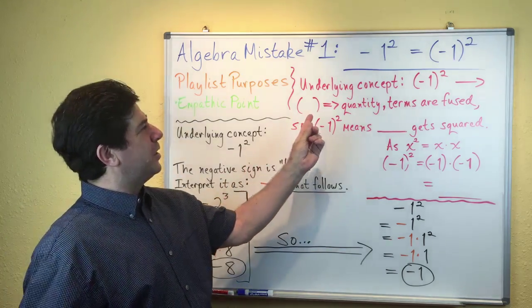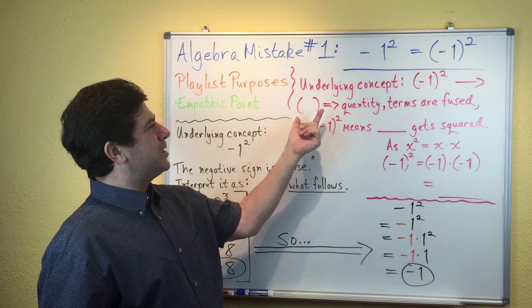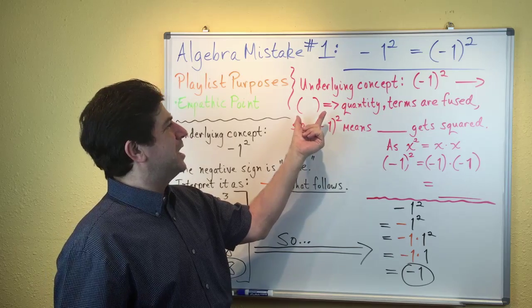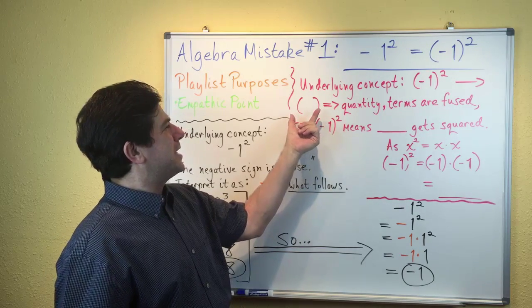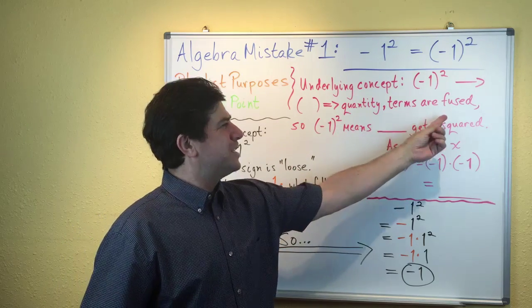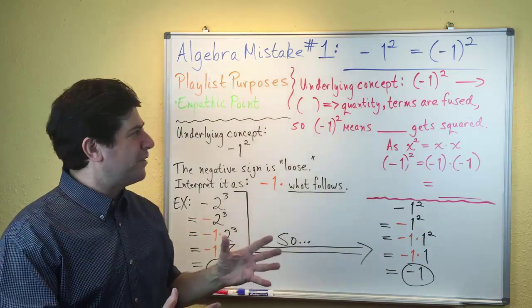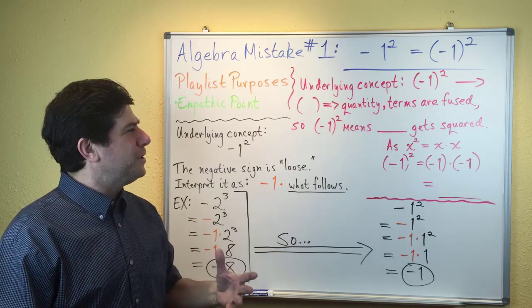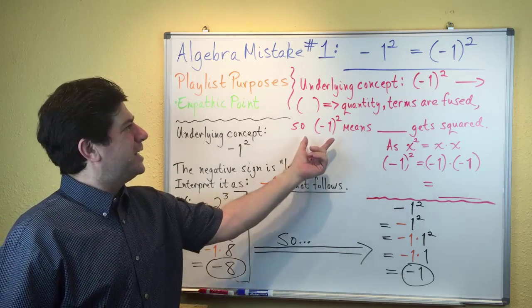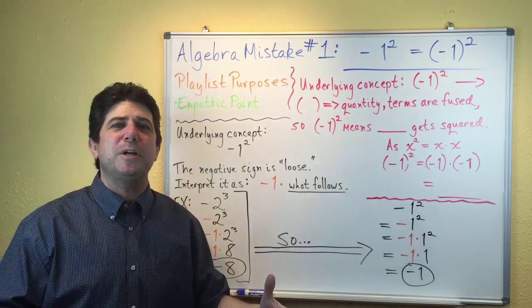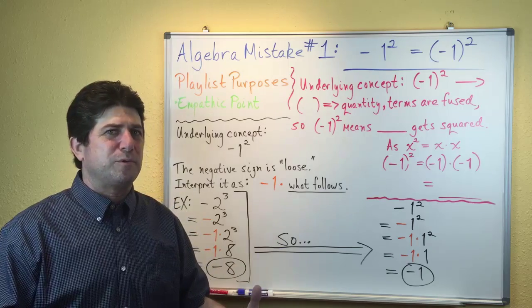The main idea here is that when you've got parentheses, it contains the terms inside the parentheses. So what you do is you say that the terms inside, the whole thing becomes a quantity, and the terms inside are in a sense fused together. And what that means mathematically, the actual effect of that is that whatever's done to one term inside parentheses, the same operation is done to every term inside parentheses.